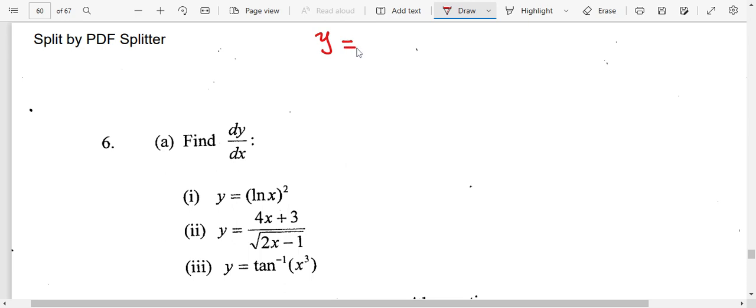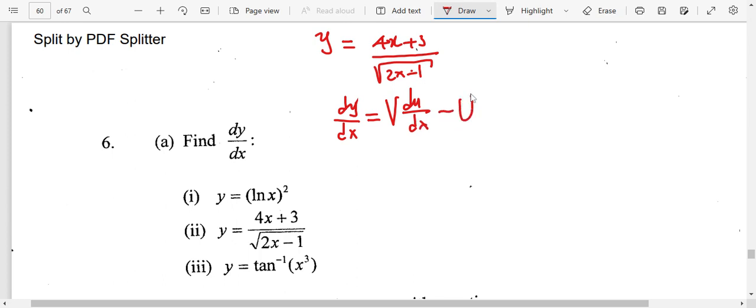Alright. So you have y is equal to 4x plus 3 divided by the square root of 2x minus 1. What rule are we going to use here? The quotient rule, so that is v du over dx minus u dv over dx, divided by v squared.